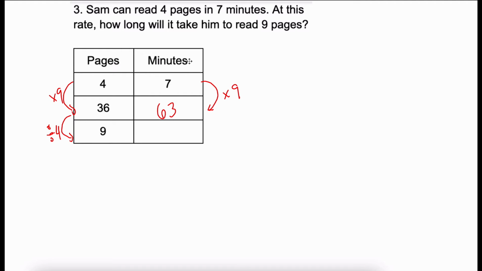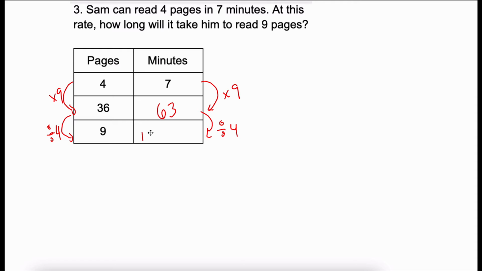And then to scale this back down, I went from 36 to 9, divide by 4. I'm also going to need to divide by 4 for my second step here. We need to keep everything equivalent. So 63 divided by 4 gets you to the last part of this table, which is 15 and 3/4. No, I don't mind if it's a decimal or if it's a fraction.